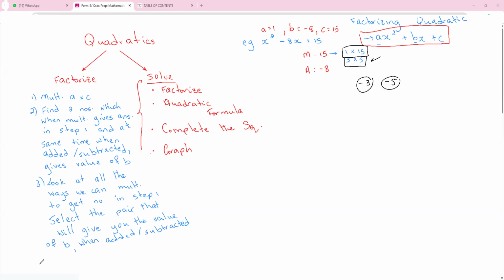So my next step is that we're going to use the pair to break up the middle term only.